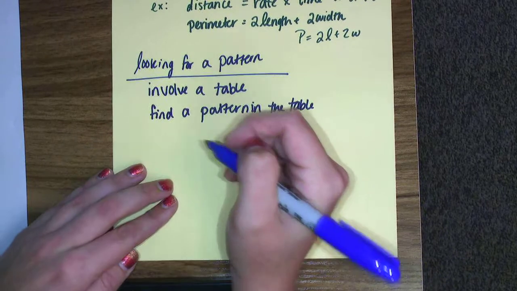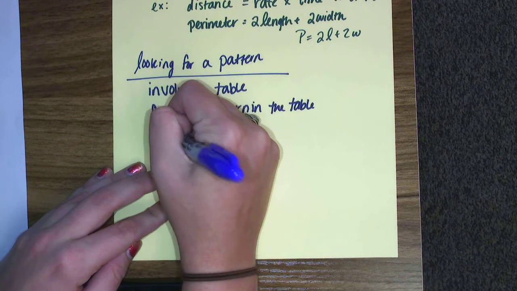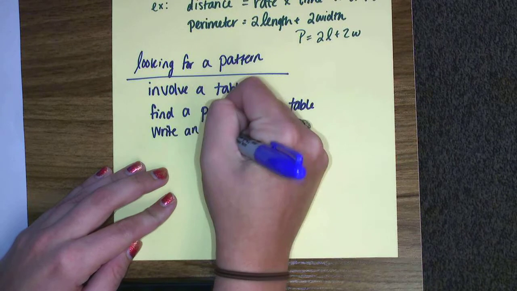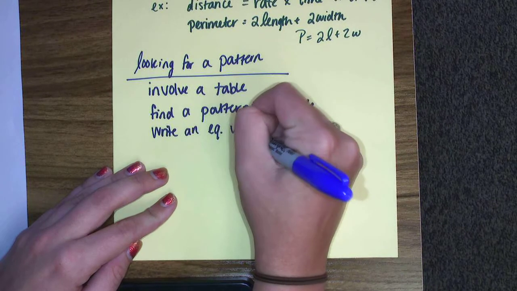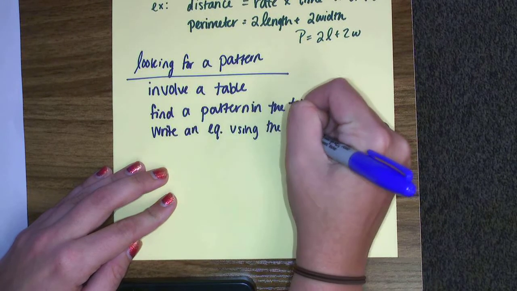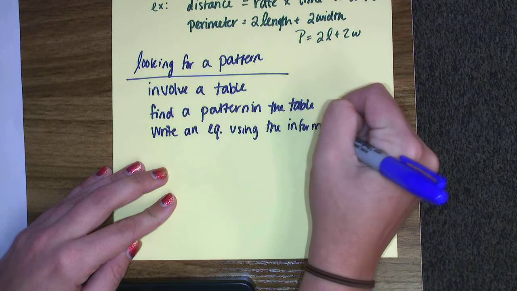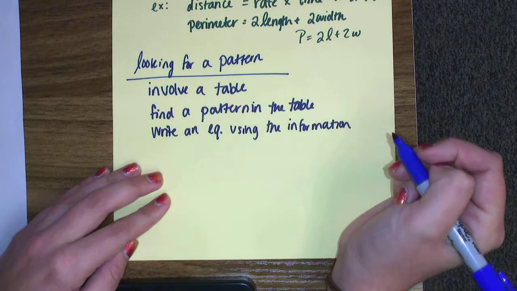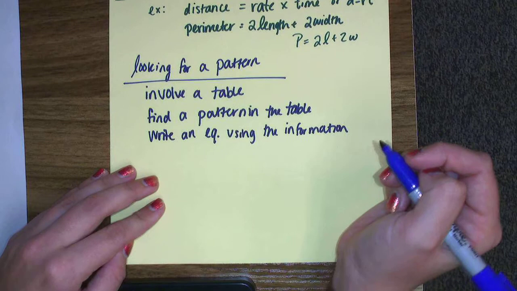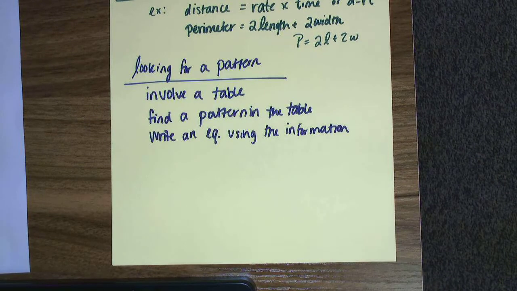And then you're going to write an equation using the information. Okay, so it's going to be a table with 2 rows and some number of columns, and you got to figure out how to get from point A to point B, from point B to point C, and it's going to have a pattern in it when we do this type.